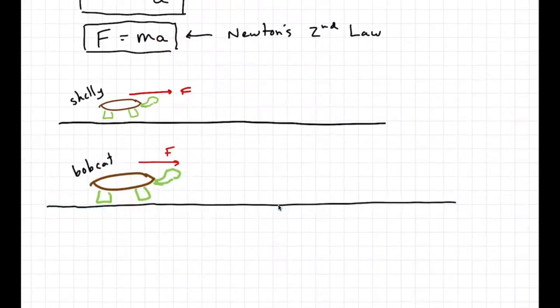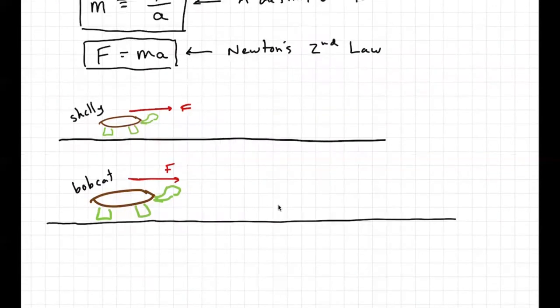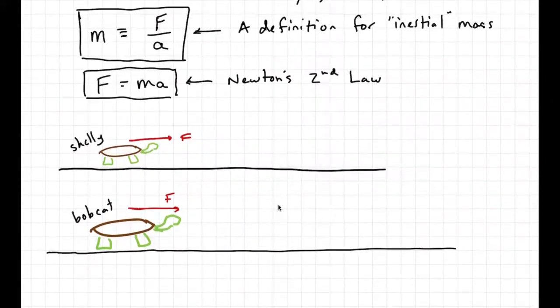So what happens if I apply the same force to both of these turtles? If I wanted to measure the mass of Shelley, let's say. So this equation up here suggests that what I need to do is apply a force, measure an acceleration, and then take the ratio to calculate the mass.